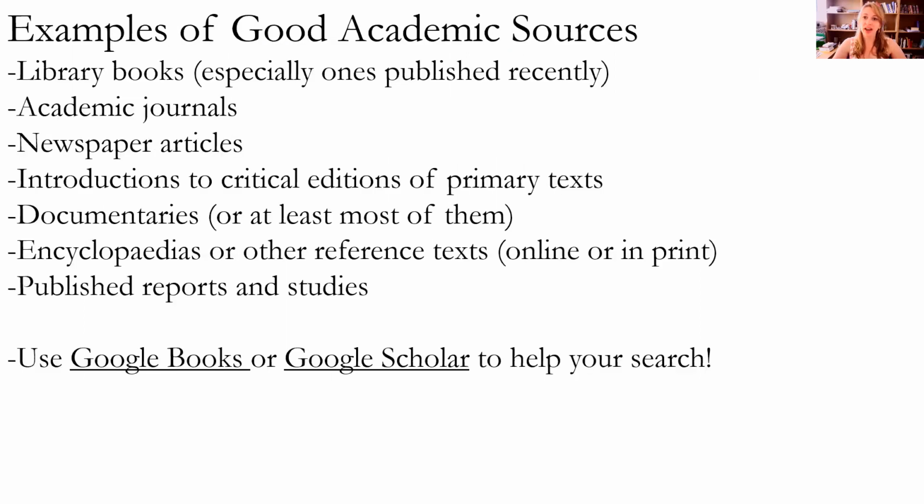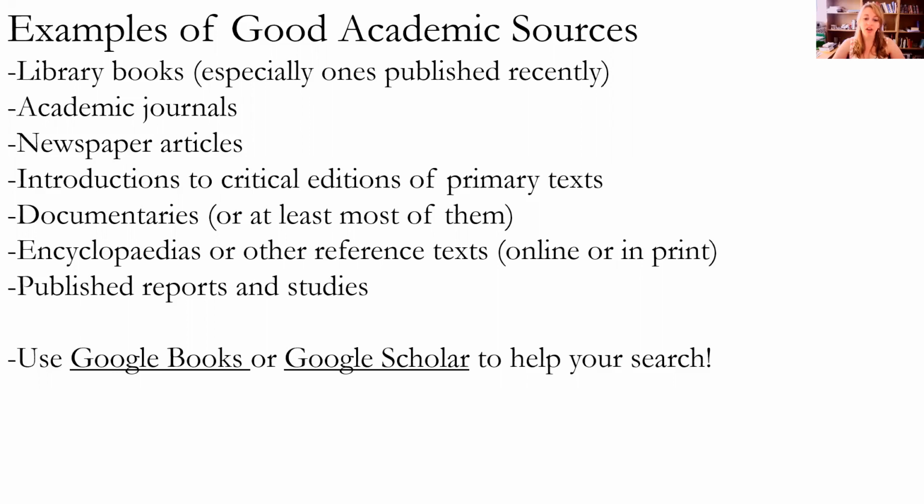So examples of good academic sources, obviously library books or anything that's properly published that you could buy in a bookstore, academic journals, so again, things that you would find through JSTOR or through the library search. Newspaper articles generally are fine as long as they're more mainstream newspapers, not tabloids or things like that.